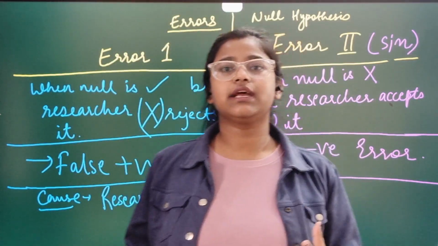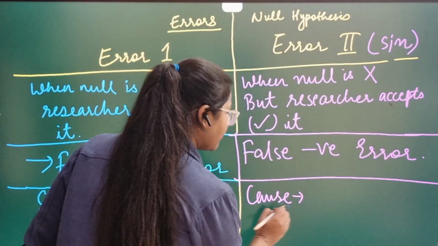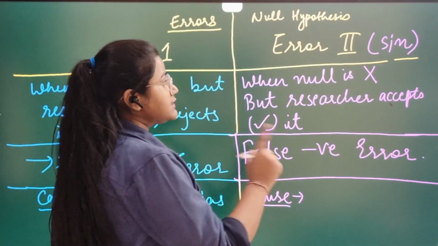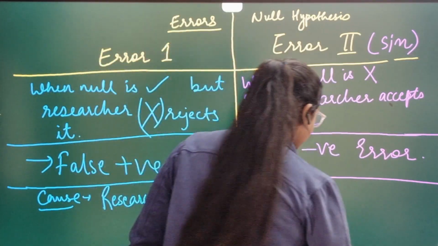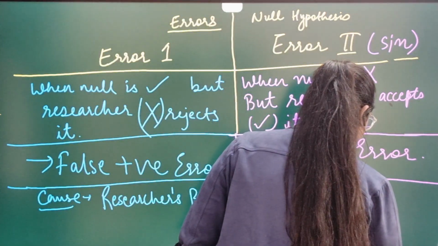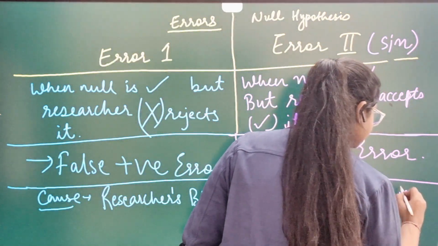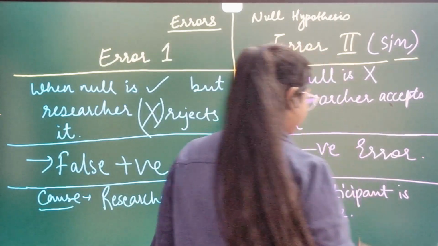There has to be something else also, correct? So when I'm talking about the cause of error 2, I'll say error 2 majorly happens when the participant is rare.